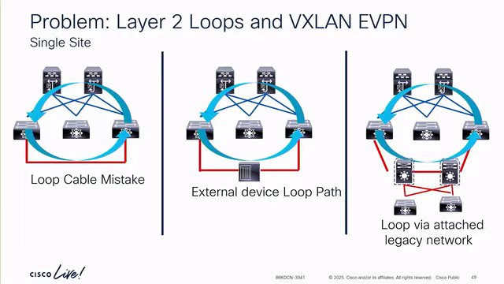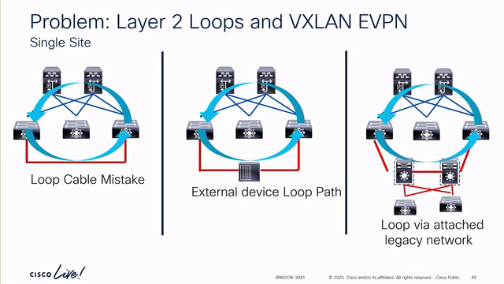Some people may actually mistakenly do a loopback cable. That happens, right? And in that scenario, what will happen? If you allow that same VLAN on that loopback connection and extend that same VLAN over VXLAN and some sort of broadcast traffic is sent, you will have a looped path, a looped condition.